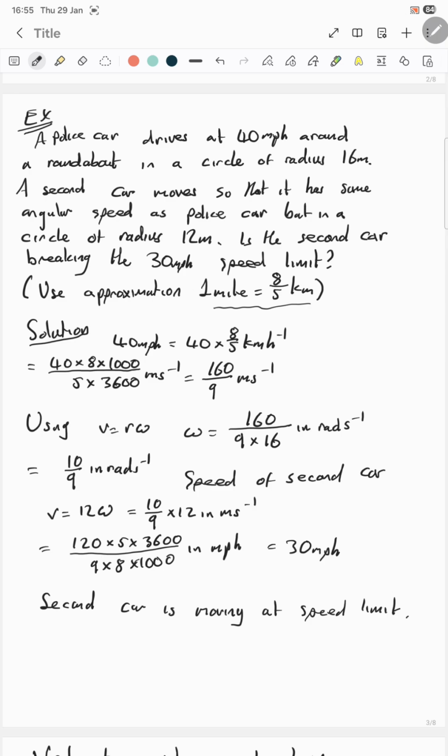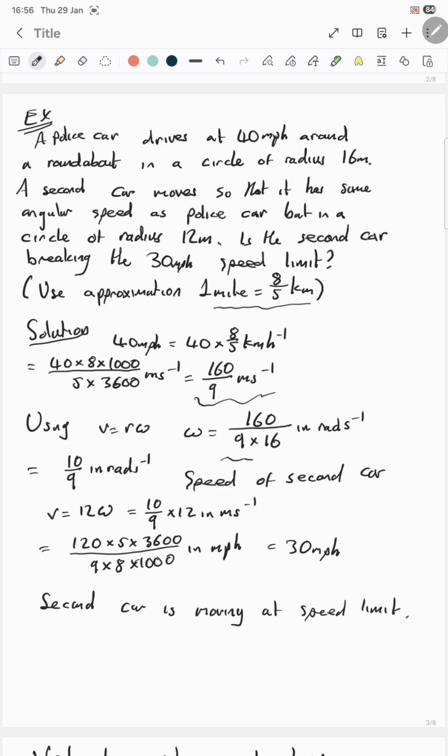Now the solution. 40 miles per hour equals 40 multiplied by 8 over 5 kilometers per hour. So we're converting this into meters per second, which is 160 over 9 meters per second. Using v equals r omega will give us the omega after dividing through.